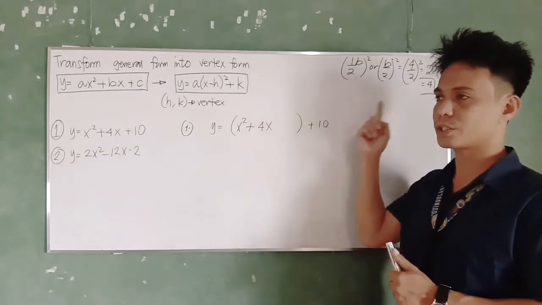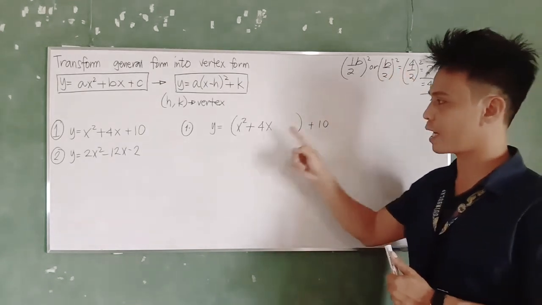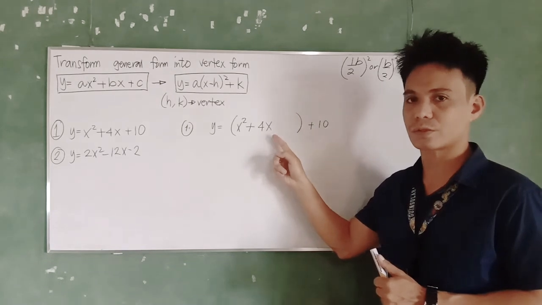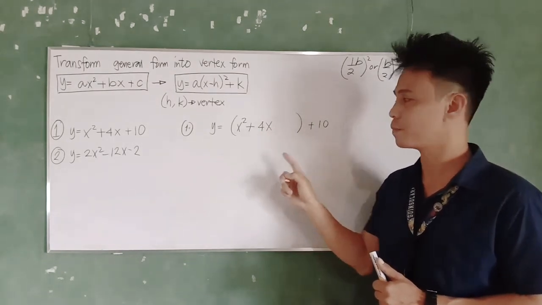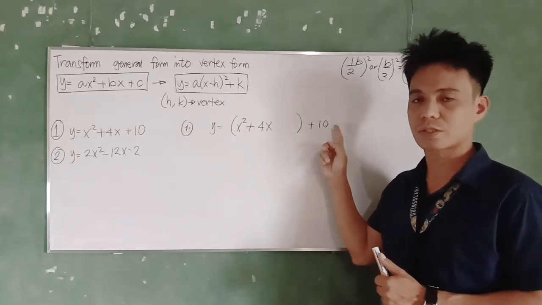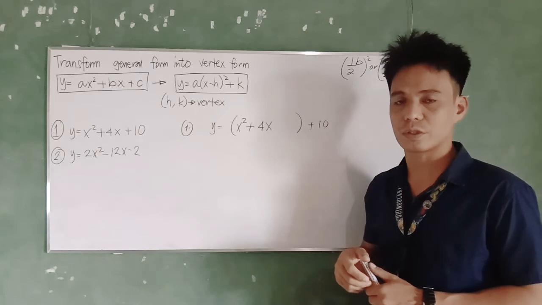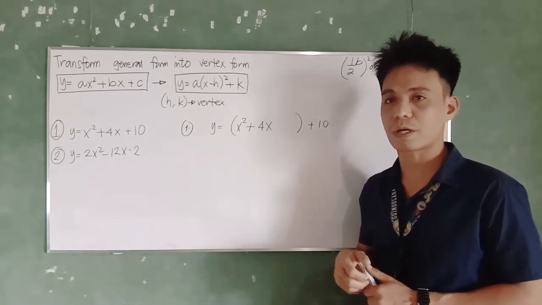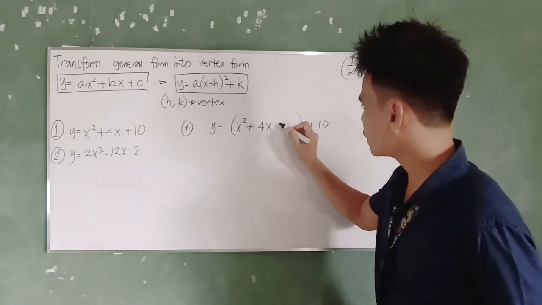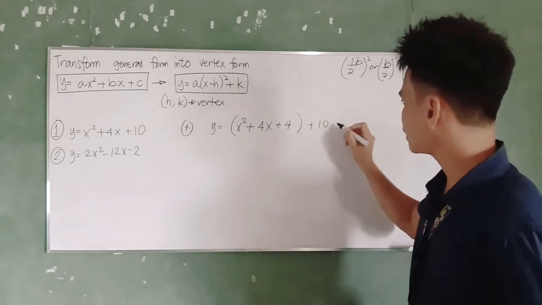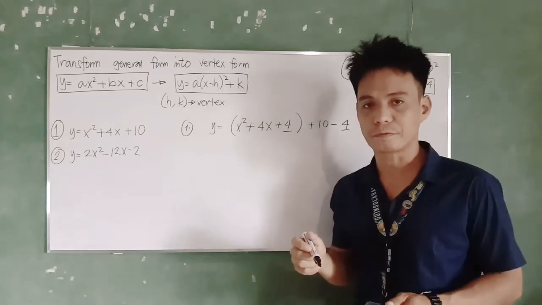Ulitin ko, gagawin natin is yung nakuha nating b over 2 square, i-add natin dun sa regrouped variables to make it a perfect square trinomial and to subtract this on your constant part to make your equation the same para balanse pa rin, okay? So therefore, we'll add this 4 and we'll subtract 4. So yun guys, I hope you follow.